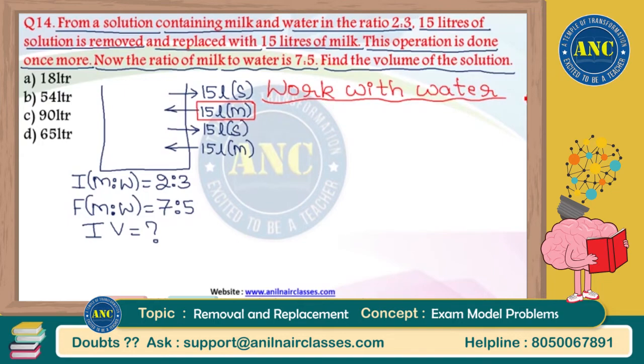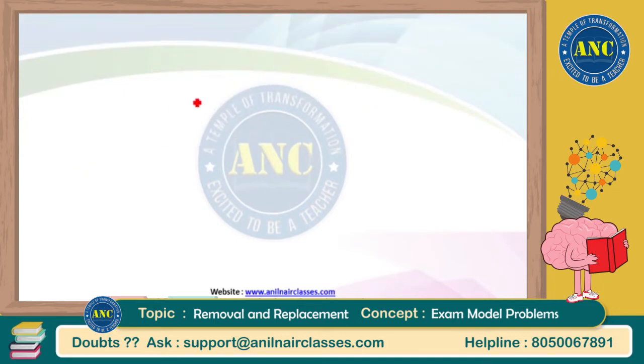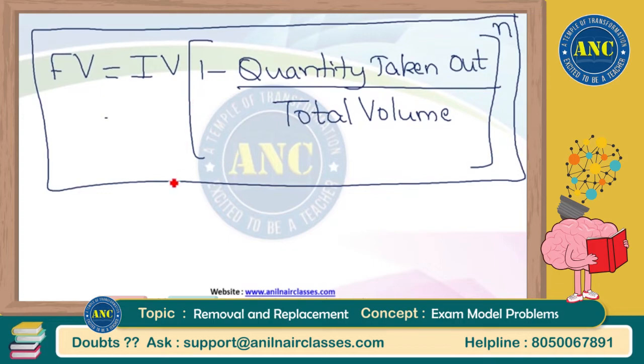Now, what is the logic we know? Final volume is equal to initial volume into 1 minus quantity taken out divided by total volume, whole power n. This can be final volume, or it can be called final concentration also if it is given in terms of ratio.